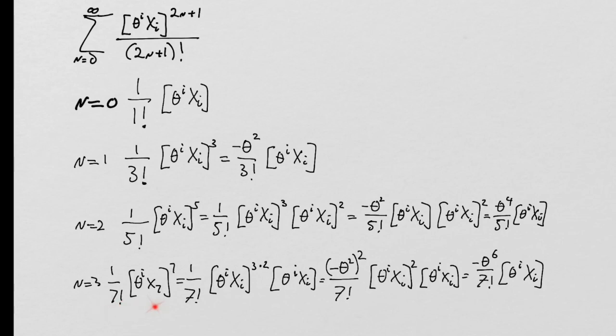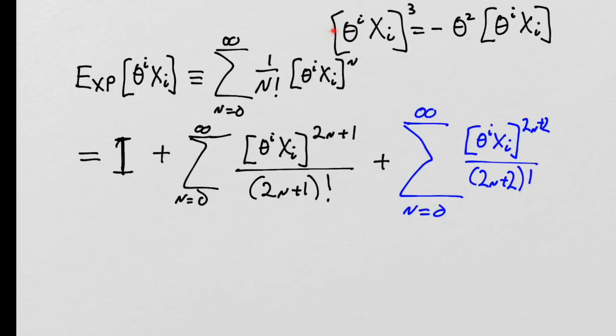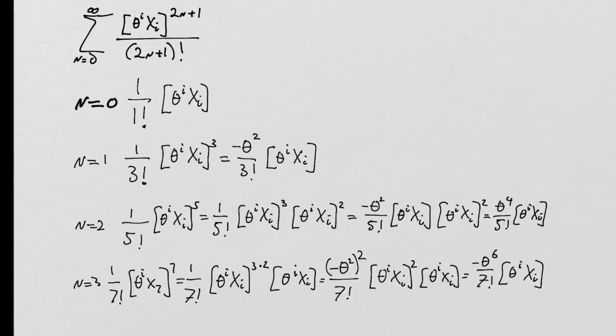And sure enough, the seventh power term is the sixth power term times a linear term. The sixth power term comes out with 2 of these versions of the formula, which is minus theta squared, leaving behind theta I xi squared, right? That's the application of this formula times itself, basically.